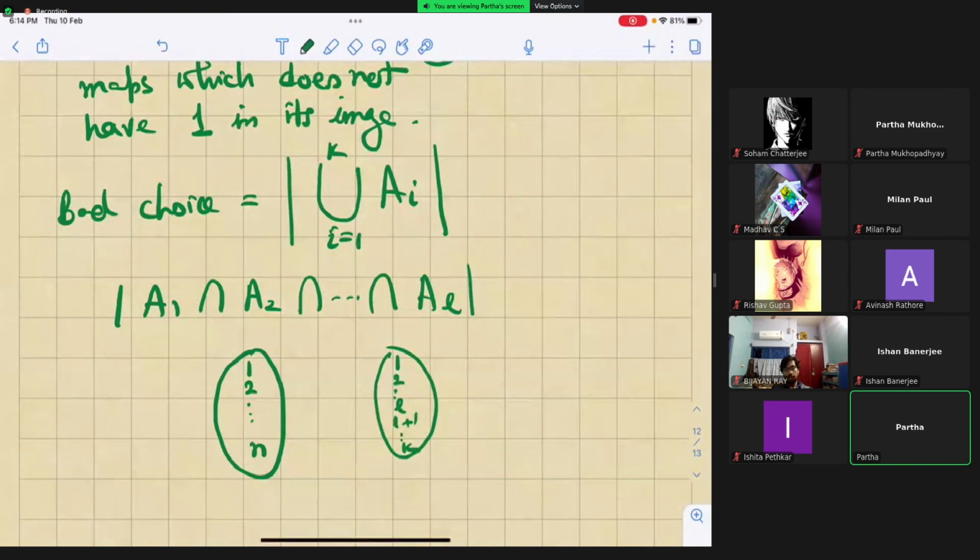So these things are not used, everybody is mapped here, and these things are empty. So here you have n elements and k minus L elements there. So the number of choices is what? N elements going into k minus L selections. So this is (k minus L) to the power n.